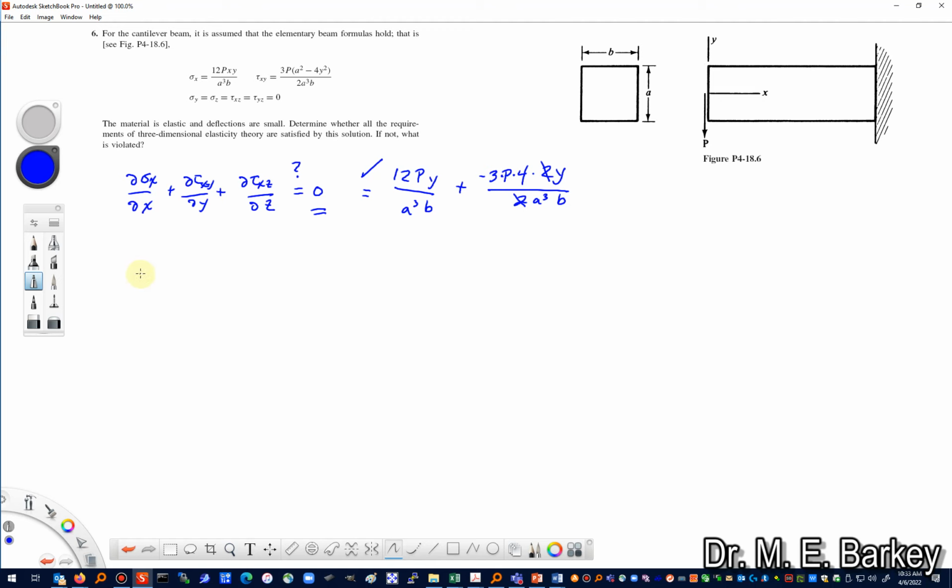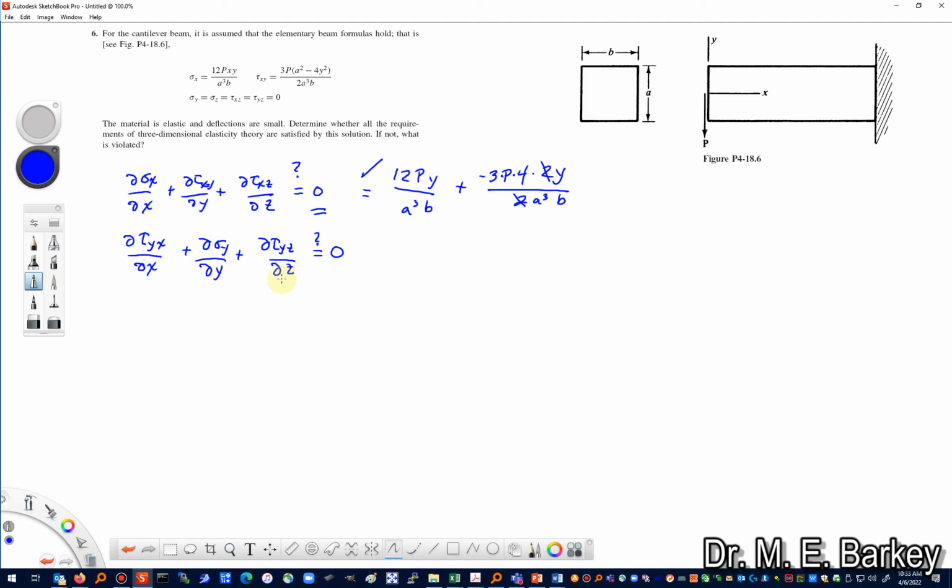Now the others, let's see what else we have here. So we can have the partial of tau yx with respect to x plus the partial of sigma y with respect to y plus the partial derivative of tau yz with respect to z. Now xy and yx are the same. Just easier for me to remember this equilibrium equation, write it down this way.